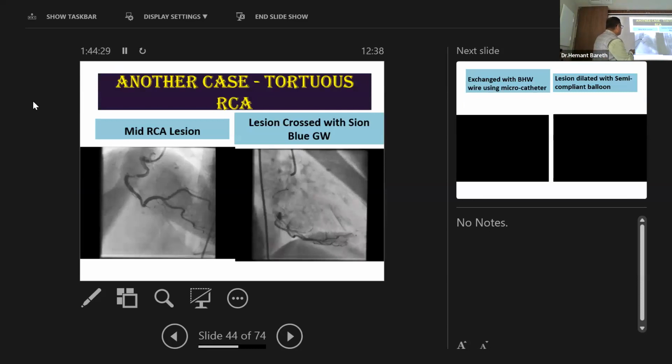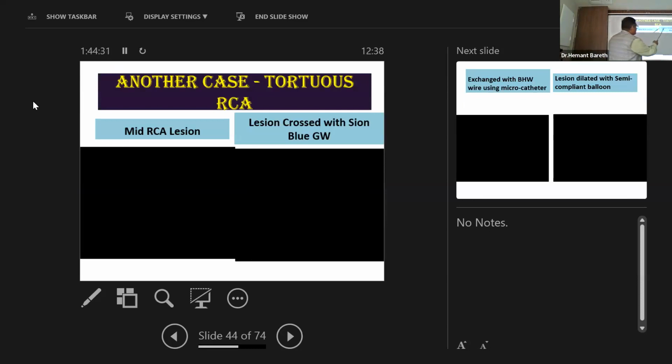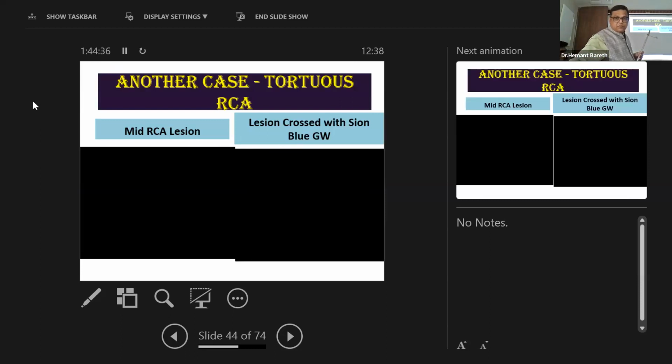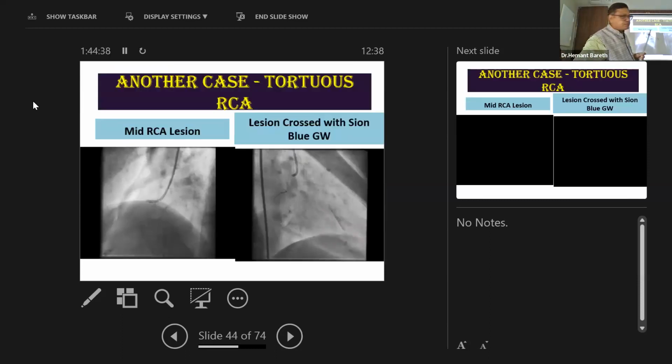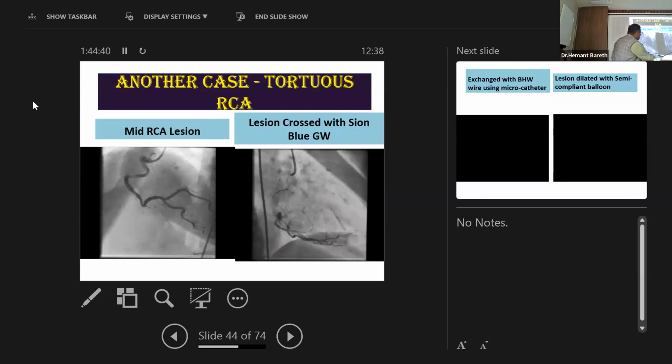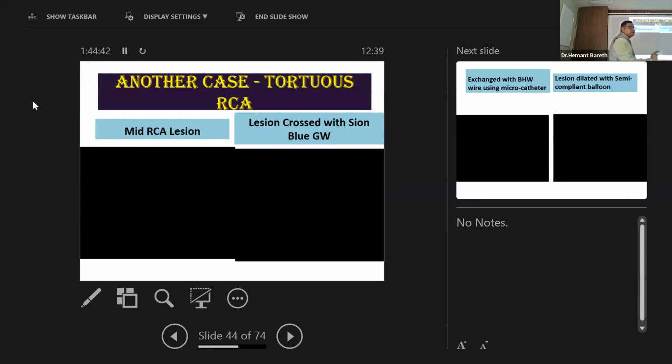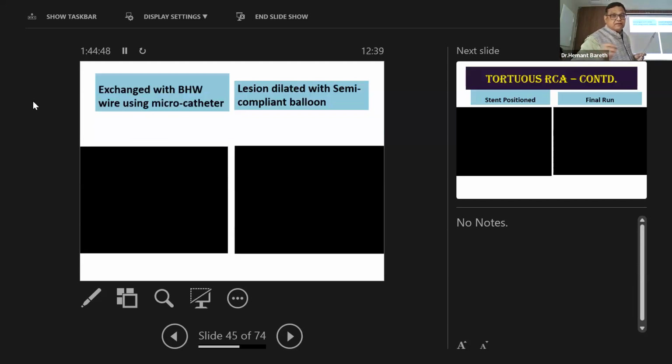Anyway, so this is the tortuous lesion, and at the bend. The region was crossed with a Sion Blue wire. You see, this is the Sion Blue wire, and you see that it takes the shape of the vessel. Instead of the vessel taking the shape of the wire, this wire is taking the shape of the vessel.